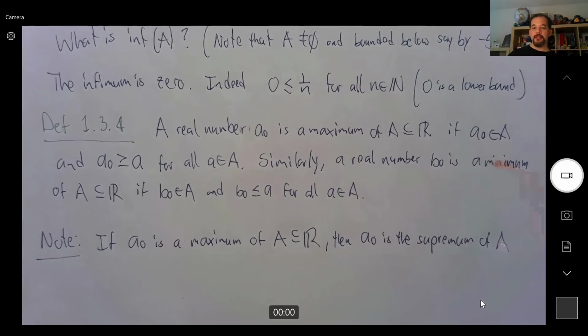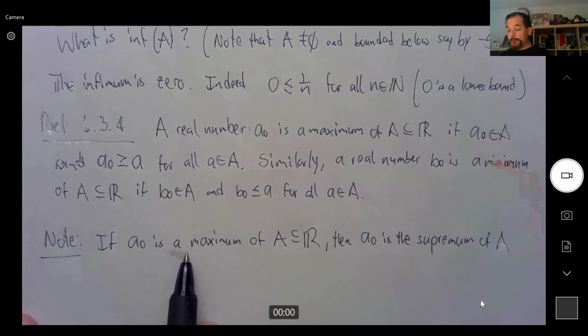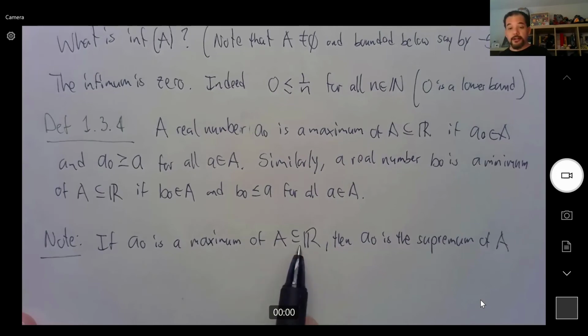Why? Let's explain it. Well, the number is obviously an upper bound, because it's greater than or equal, by definition, to every element in A.